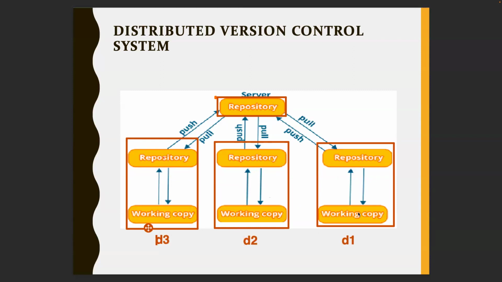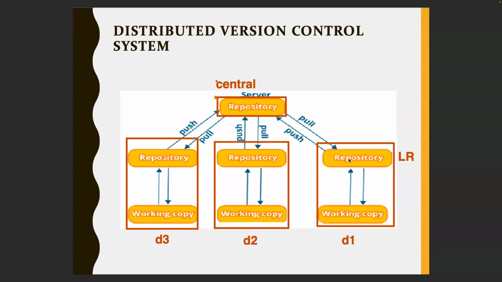Let me put it this way. This is called the central server or remote repository, where all the project work is. And every user will have their own copy, which is called the local repository, which is a copy of the central server or remote server. So this is the local repo.